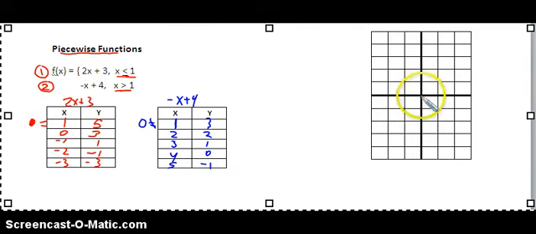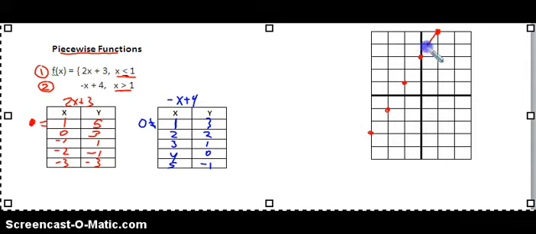So if I go to plot these now, let's plot these points. 1, 5. I'm putting a closed circle because it can be equal to 1. Then 0, 3, -1, 1, -2, -1, and -3, -3. So here's what I need to do.